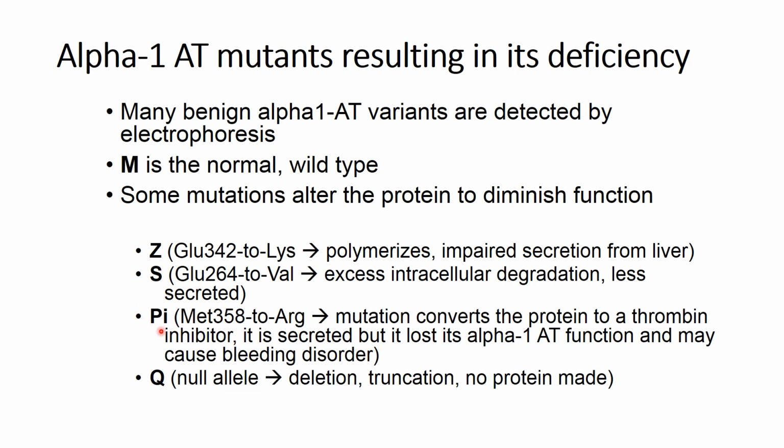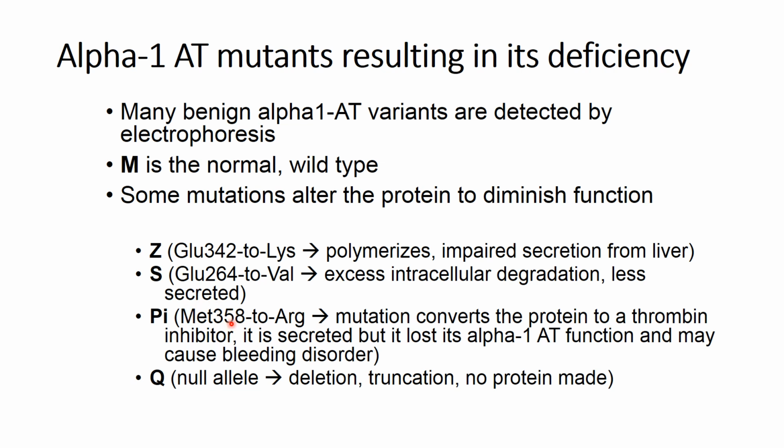The PI mutation is where this methionine in the active center of the inhibitor is changed to an arginine. It's a very peculiar mutation because this mutation renders the inhibitory function zero.